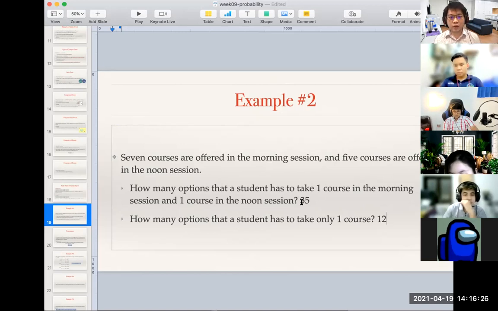Yeah, this is correct. So for number one, it's easy. You just need to multiply 7 with 5, because the students can take 1 out of 7 and 1 out of 5. So the students can come up with 35 possibilities of course.